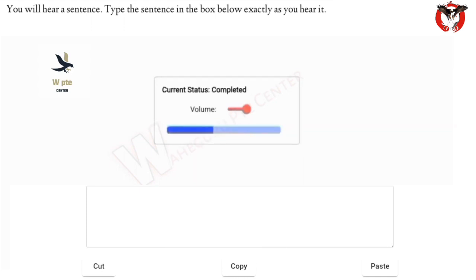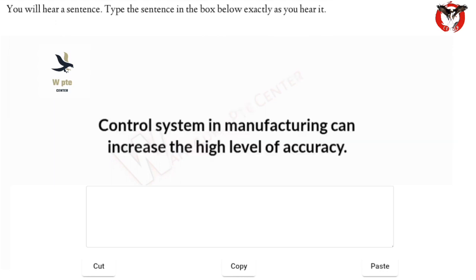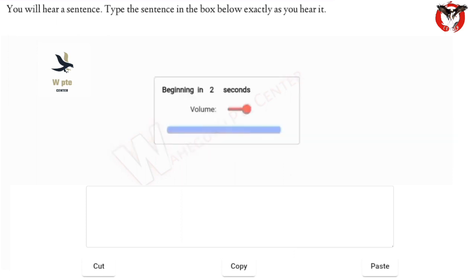Control system in manufacturing can increase the high level of accuracy. Technologies on biotechnology are of crucial importance in the future development.